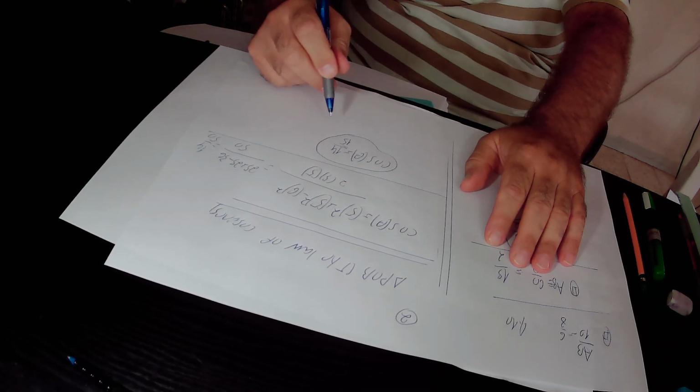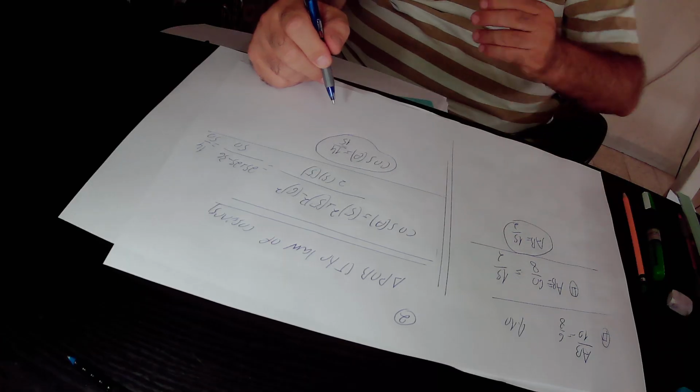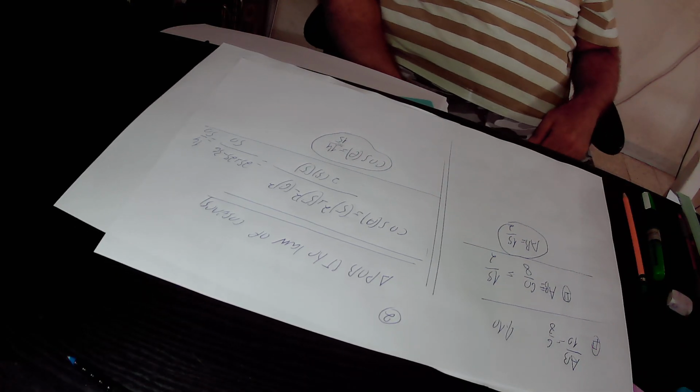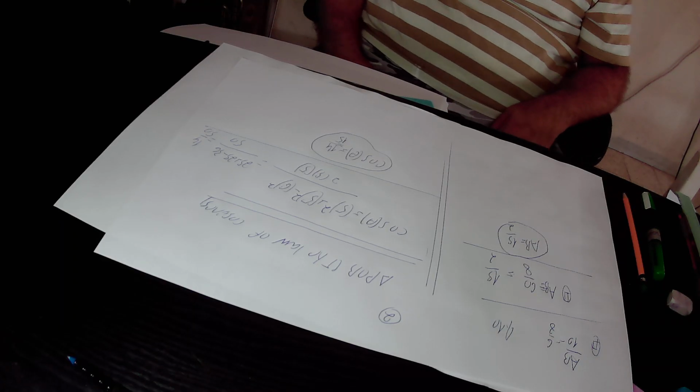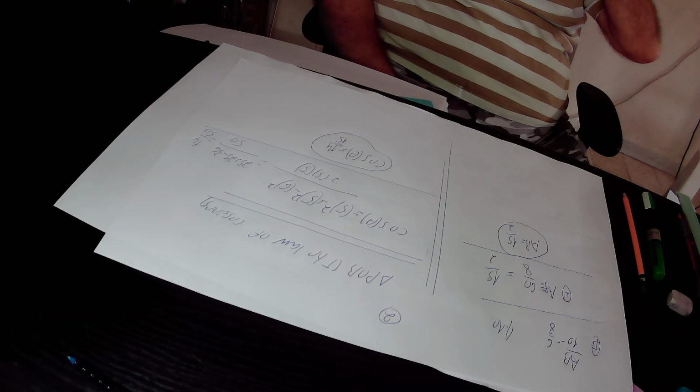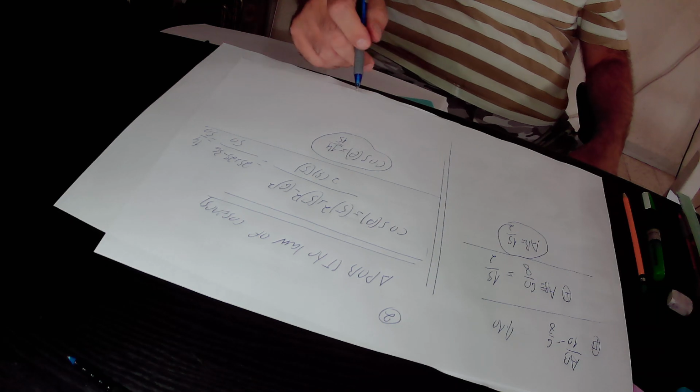Our task is to find out the value of theta itself. In order to find out the value of theta, we will perform the opposite operation of cosine, that is arc cosine, on the result.